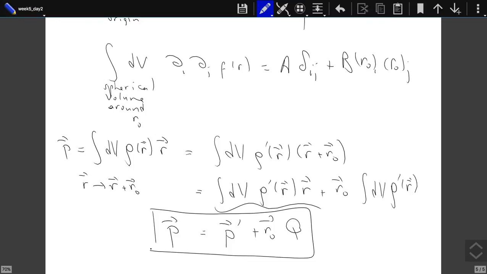Because the total charge is zero, the dipole moment is defined independent of the choice of the origin. But even for a point charge, you can define the dipole moment. If you put the origin at the position of your point charge, this dipole moment is zero. But if you shift the origin, it's just its charge multiplied by its position.